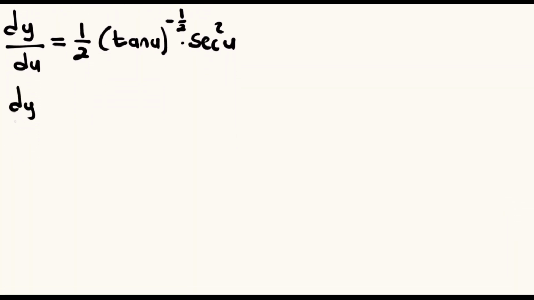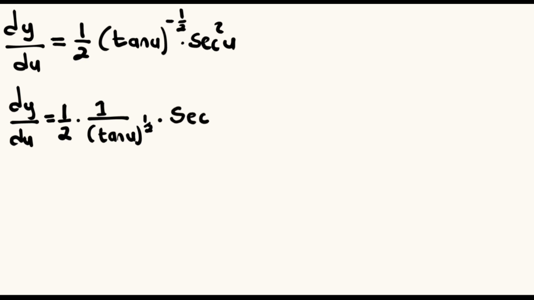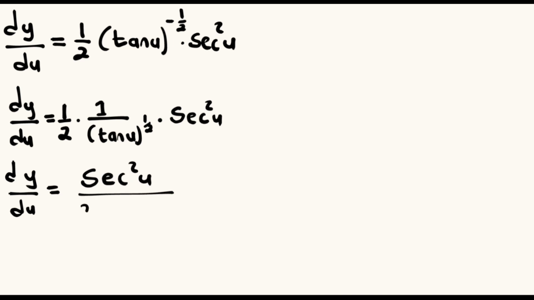Dy over du will be equal to the half, and we take the tan of u raised to the power negative 1 over 2 to the denominator, where the exponent is going to change sign from negative half to positive half, multiplied by the sec squared u. Our dy over du will finally be equal to sec squared u divided by 2 times the square root of tan of u.